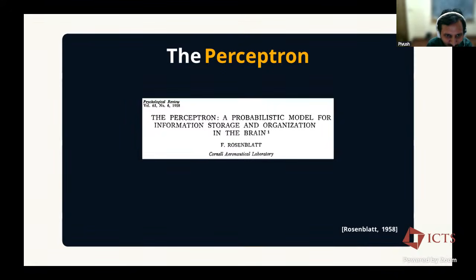The paper was about a probabilistic model for information storage and organization. So you can see that there's no division, like certain things that have to be studied only in a certain field. Here is a person working in an aeronautical laboratory writing a paper about a probabilistic model for information storage in a psychology periodical. That's an interesting thing.